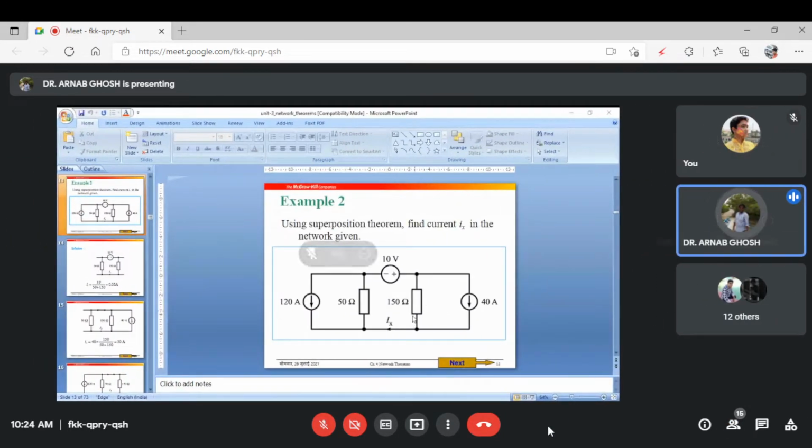So what you need to do, there are three sources. You need to calculate the values using the individual sources. So please solve this problem by superposition theorem. Everybody please try this problem.